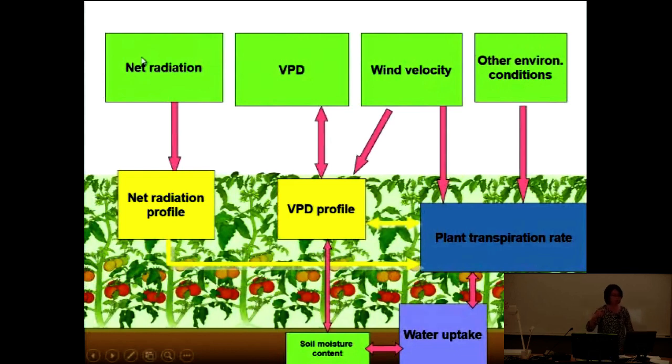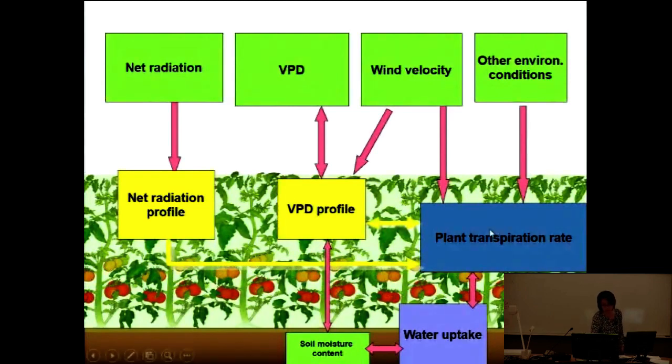So what is driving evapotranspiration rate is the net radiation, okay? Because the leaf energy balance is determined by net radiation rather than just PAR, right? So the net radiation is the key component to understand this, determining the net radiation profile, and that is driving plant transpiration rate, energy balance.